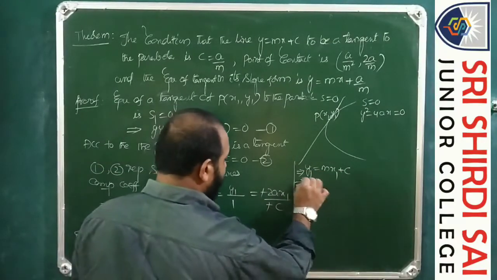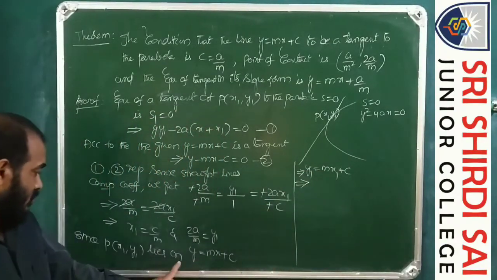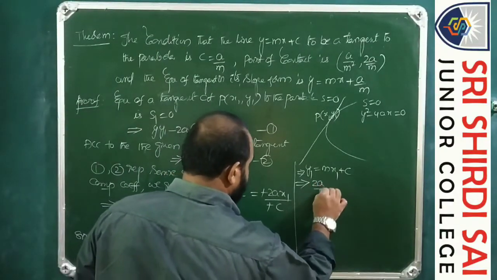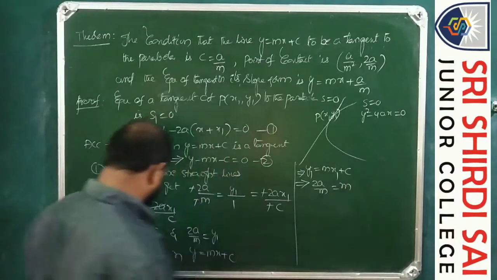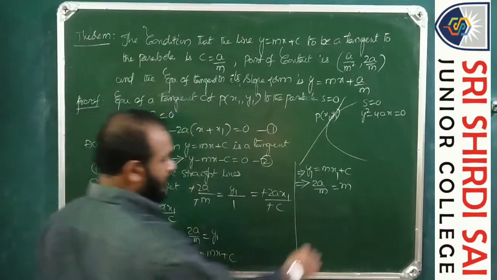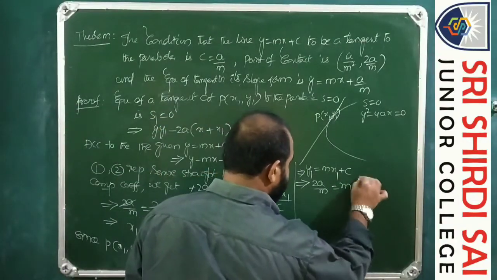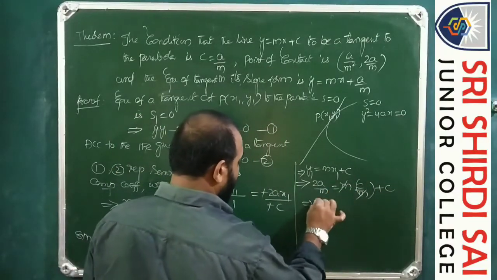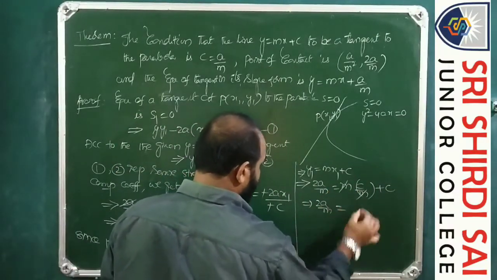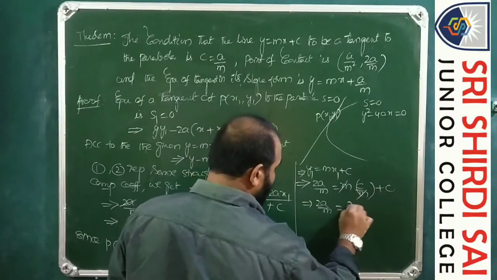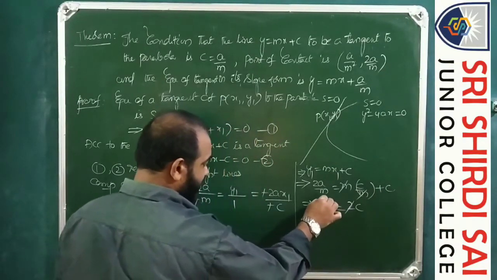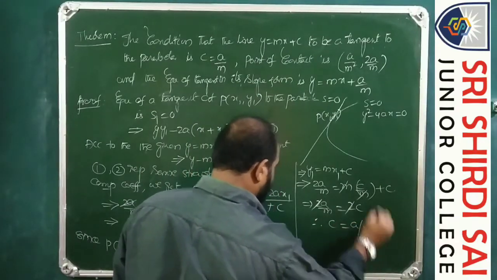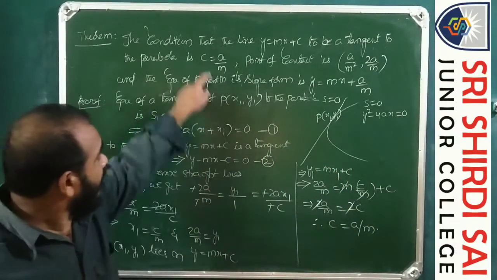What is y1 that we got right now? y1 is 2a by m, equals m into what is x1? c by m, plus c. So m gets cancelled. 2a by m equals c plus c, which is 2c. 2 gets cancelled. Therefore c equals a by m.